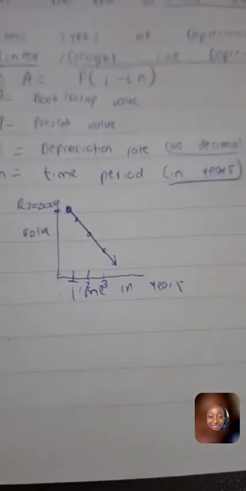Okay. So here, for simple depreciation, this one decreases at a constant rate. And by constant rate, I mean that it will decrease by the same amount every year.